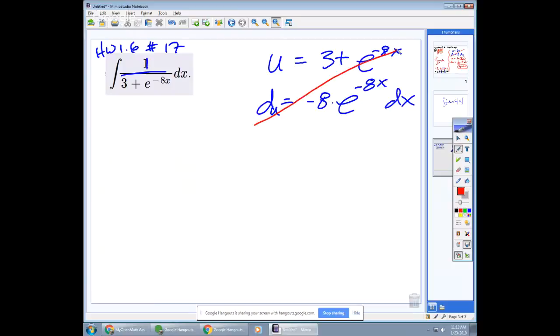Next, algebra. What does a negative exponent mean? It means flip it, right? So essentially, this function right here is 1 over 3 plus 1 over e to the positive 8x. So I have a fraction within a fraction. So I'm going to eliminate that. To do that, I'm going to multiply top and bottom by e to the 8x.